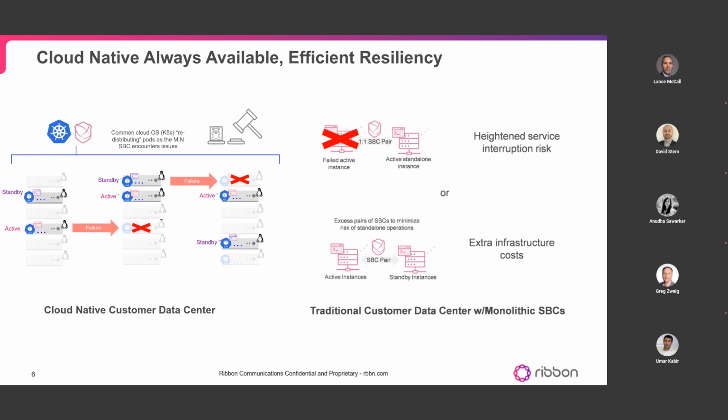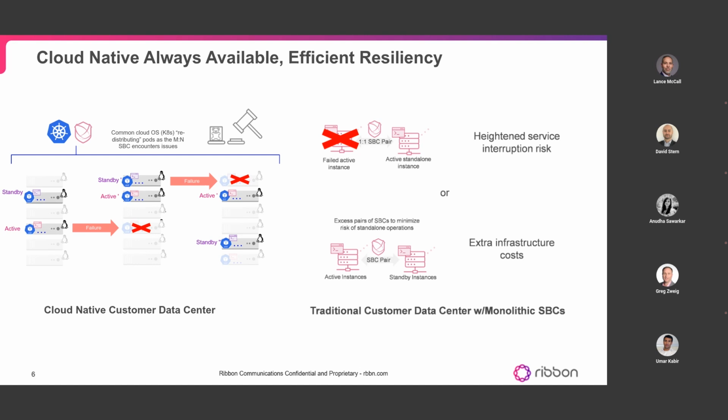And it's so resilient that should another failure happen to occur, the SBC is reconfigured again within the cloud native data center such that you always have the active and the standby. Now, we're not presenting here the auto-scaling version of our session border controller for enterprise. This is just the simple active standby pair.